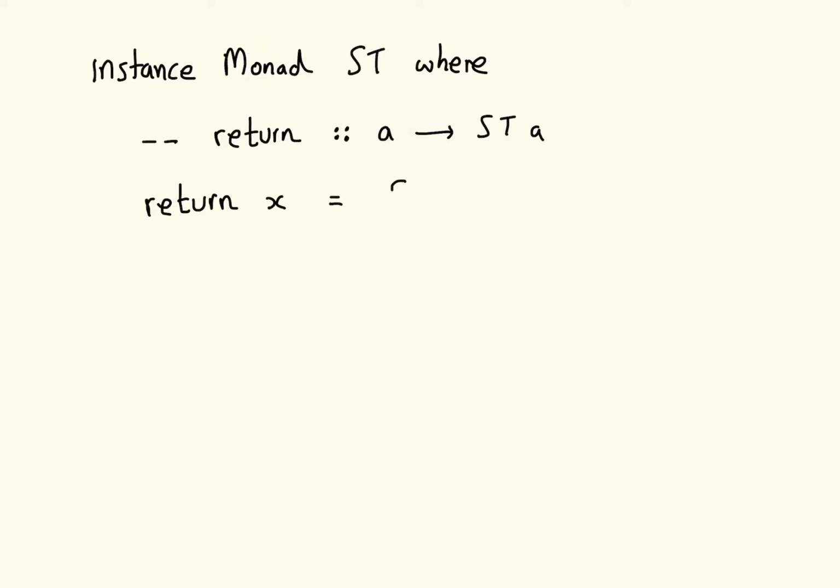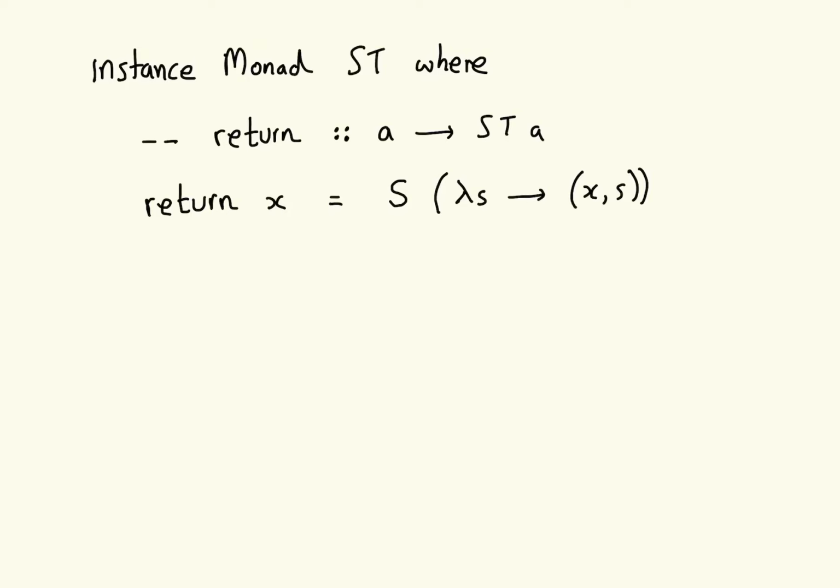So we will have the dummy constructor S, and then we'll take an input state small s, and we need to return a value of type A and a state. And as we discovered last day by looking at the types, the natural definition for this on type grounds is simply to return the input value x and return the state unchanged.